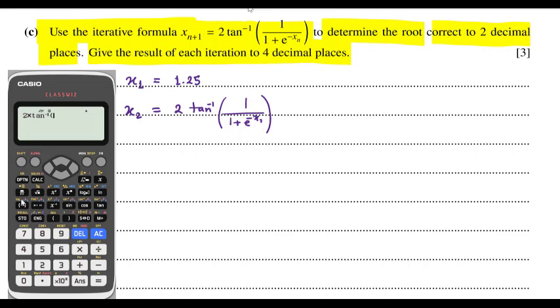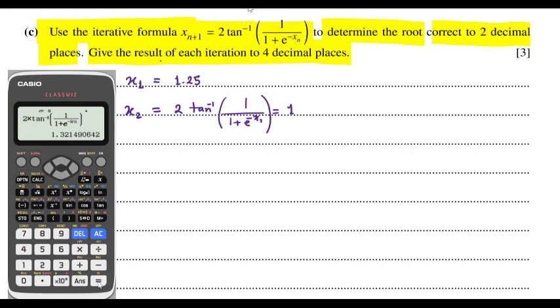And this value is going to be 2 into tangent inverse of 1 over 1 plus e to the power minus, and in the place of xn, that is x1, I will directly use answer. So it is minus answer, and the value is 1 point.